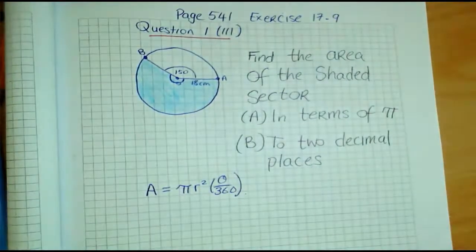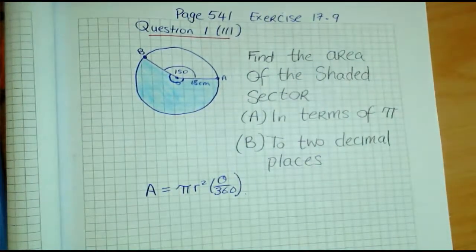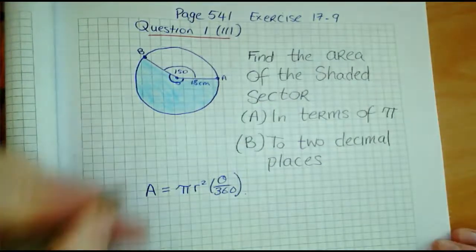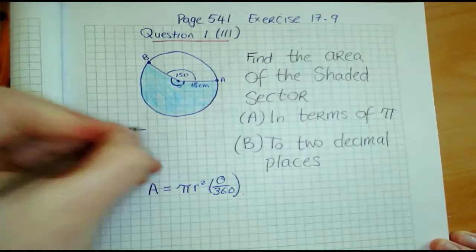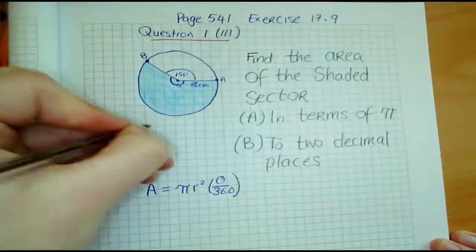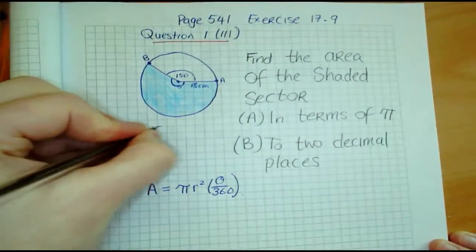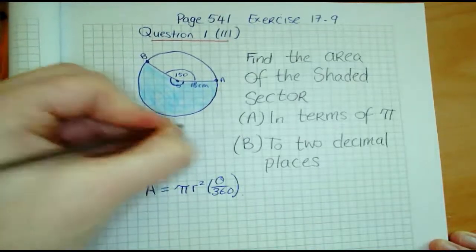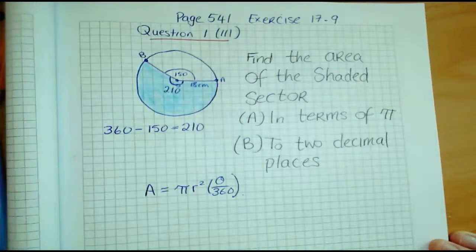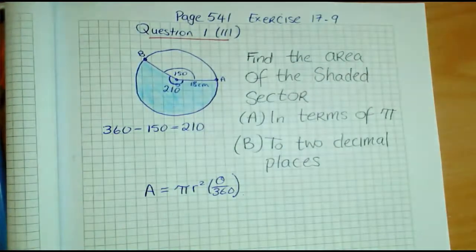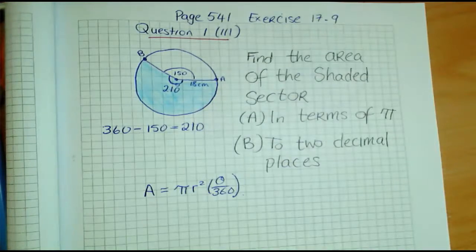Okay, so how many degrees are in a full circle? There is 360. We know that this part of it is 150, the unshaded region, so if we take away 150, we're getting 210. Okay, so that angle there is 210.